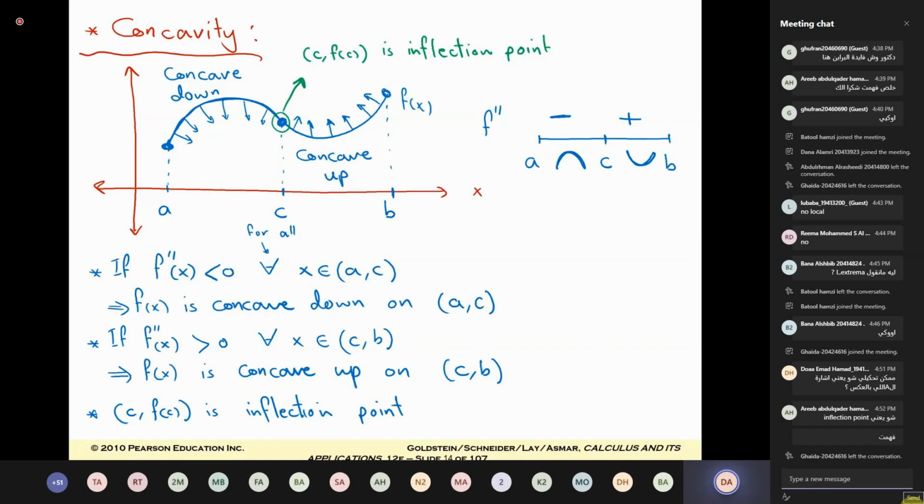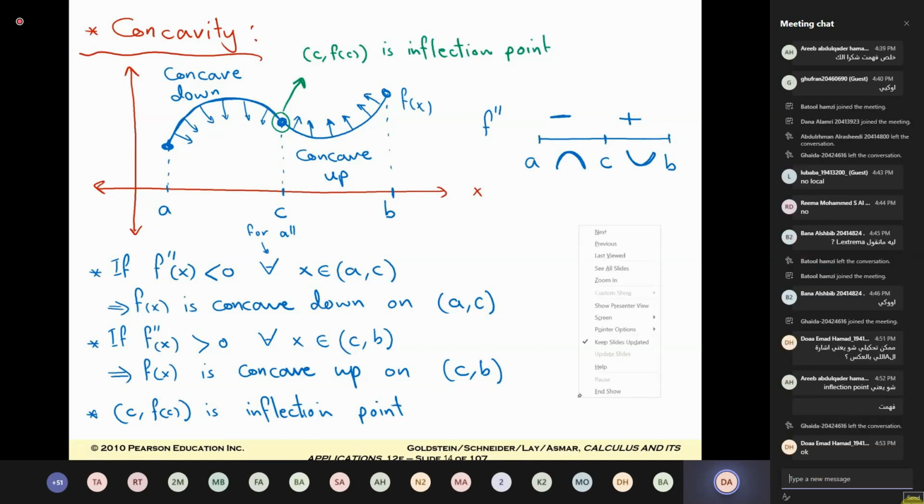Also we have 4 cases here. f double prime around A has negative and positive, so we have down and up.